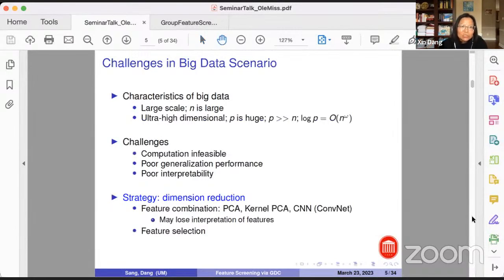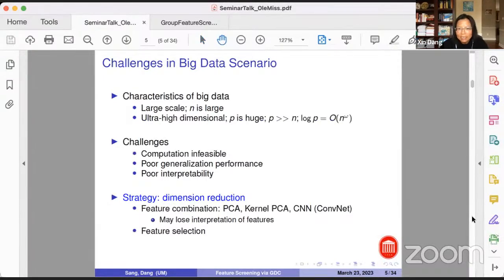The strategy to deal with these challenges is usually dimension reduction. One way is to form new features, combining your features together so that we only use a few features to do a good job.